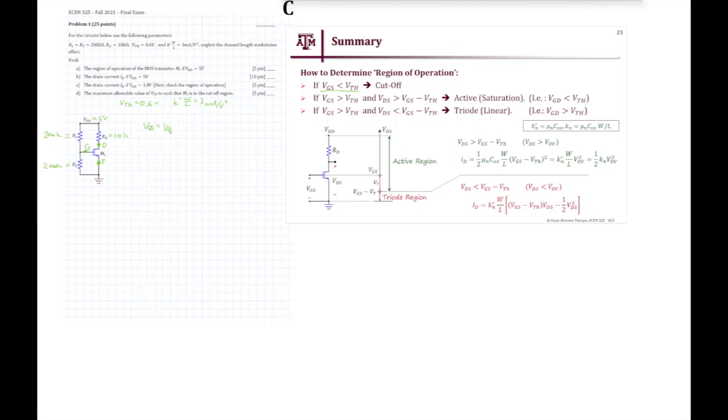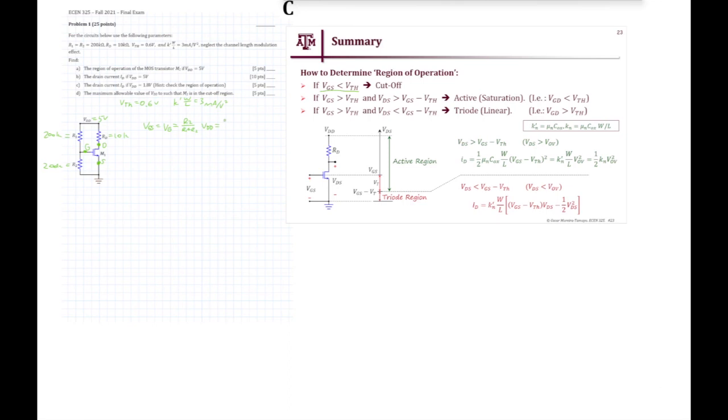Okay, so what is our VG value? We can find our VG value by doing a voltage divider. So we know that our VG is equal to R2 divided by R1 plus R2 times VDD. Our VDD is 5 volts, our R2 is 200 kiloohms, and our R1 is 200 kiloohms.